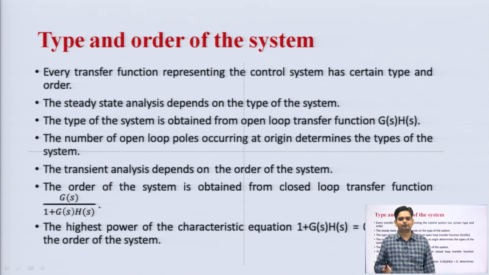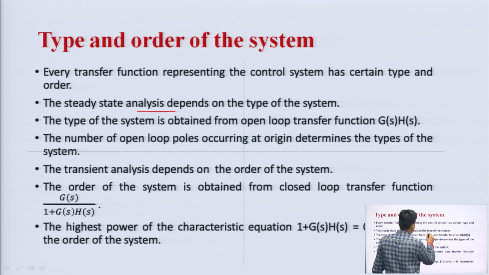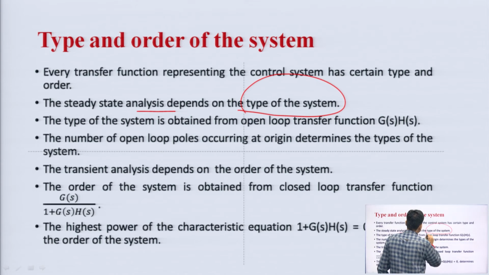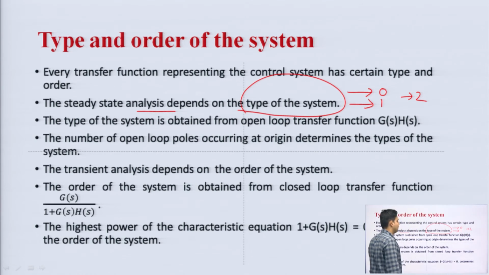Suppose a d2y by dt square term is there, we have to replace it by s square, and skip the remaining terms. The steady state analysis depends on the type of the system. Whether we go for type 0, steady state analysis would be different; for type 1 and type 2, steady state analysis would vary.